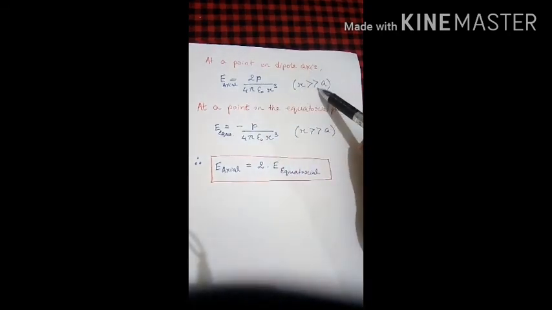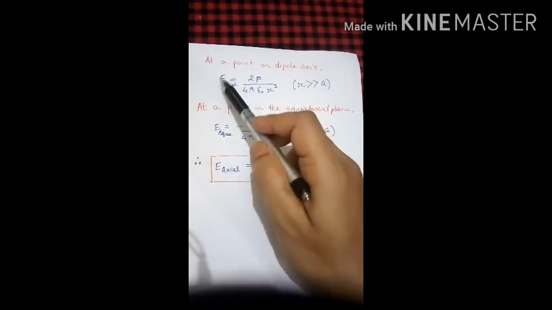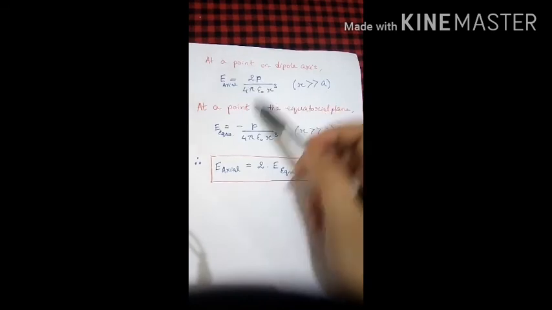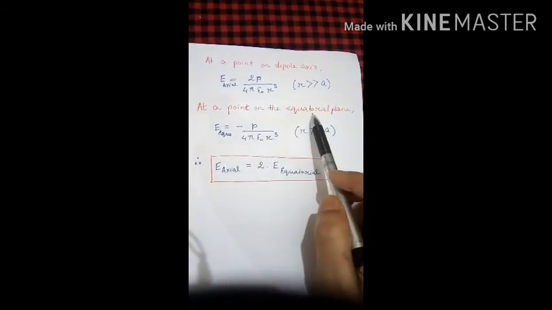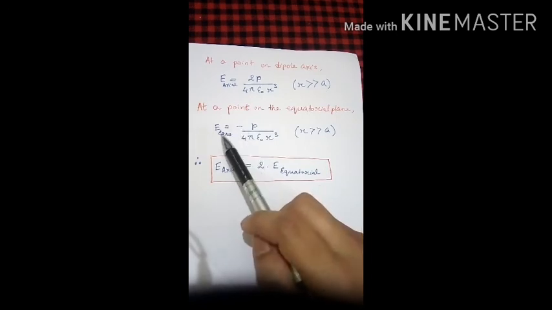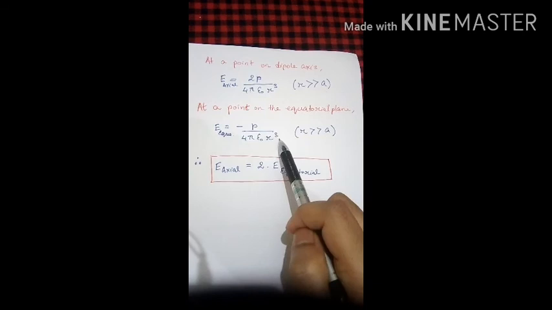We considered the special case where r is much greater than a, that is, the distance of the point from the dipole is much greater than the distance between the charges. On the equatorial plane, we get the electric field intensity as minus p divided by 4 pi epsilon naught r cube.